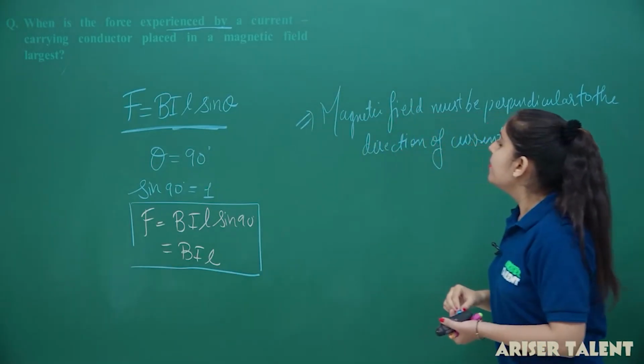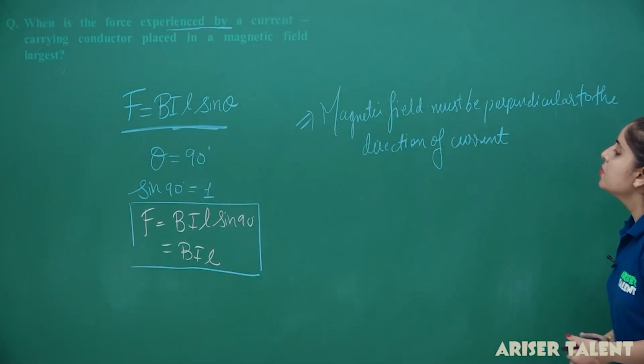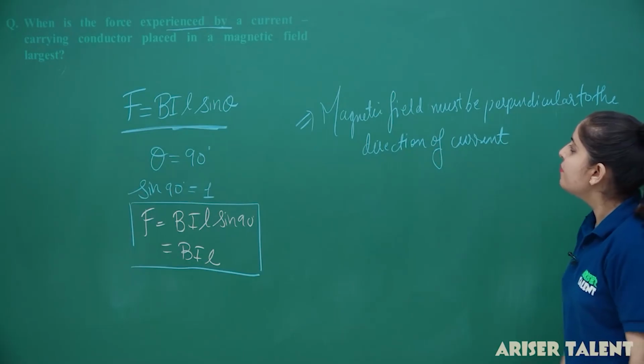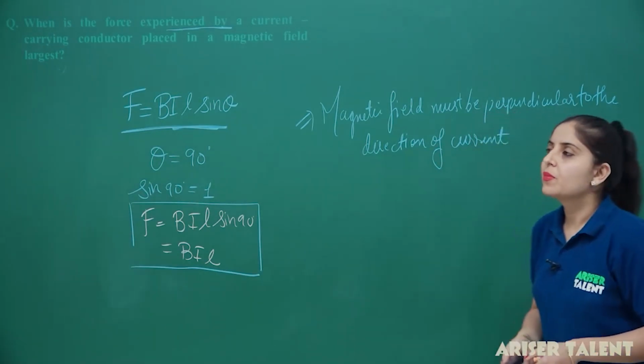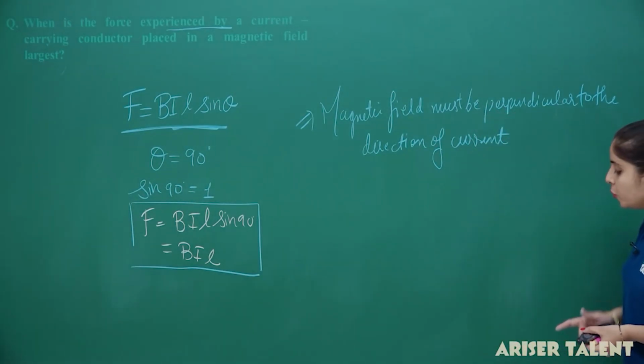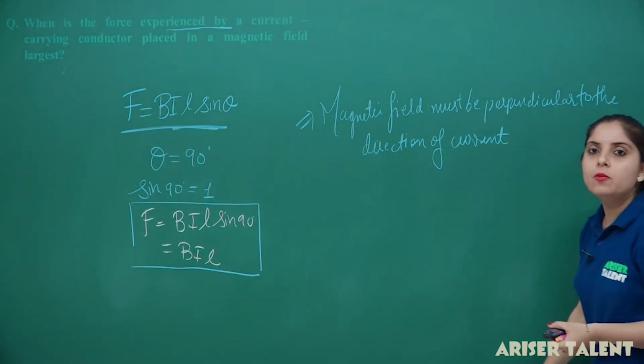So this is our right answer. So just copy this part from here. This is a very interesting question you have. Now let us move to the next question in this sequence.